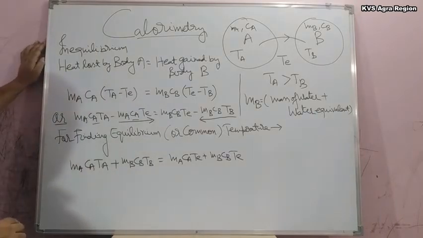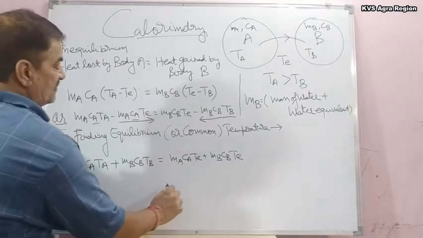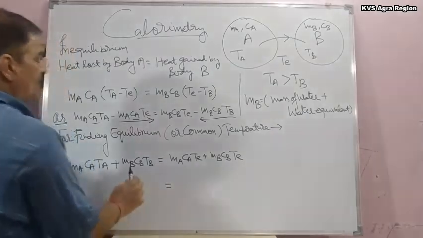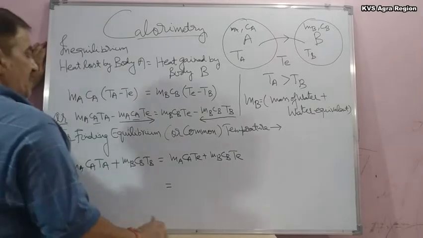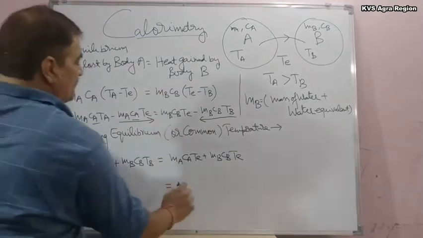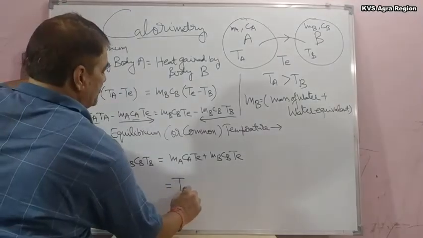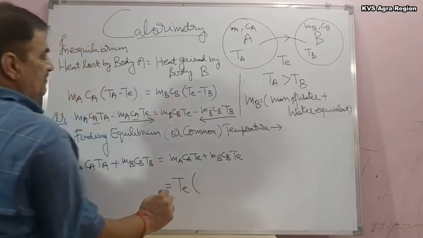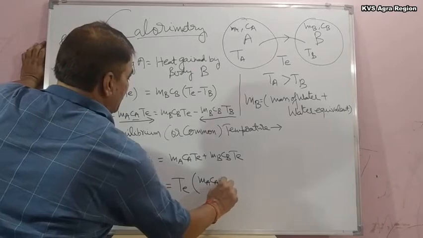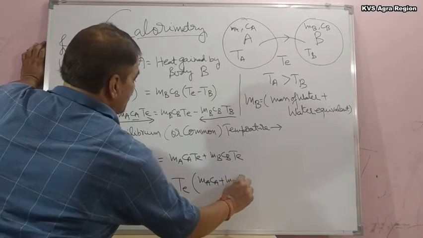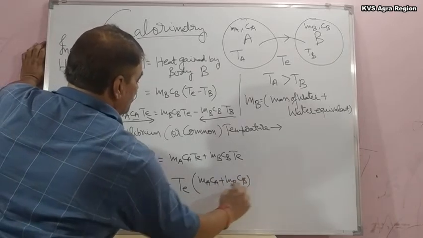And now as we have to find TE, we will keep the left hand side as it is, and take TE common from the right hand side. So we will have MA CA plus MB CB.